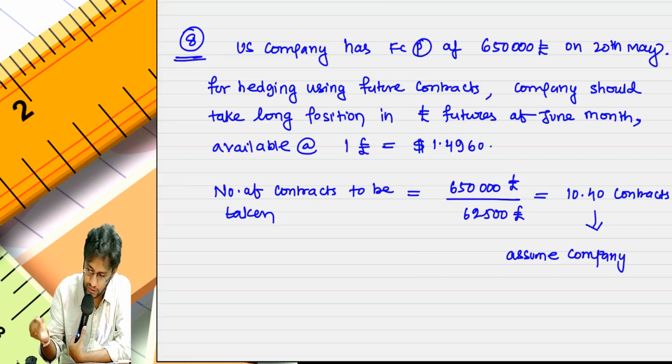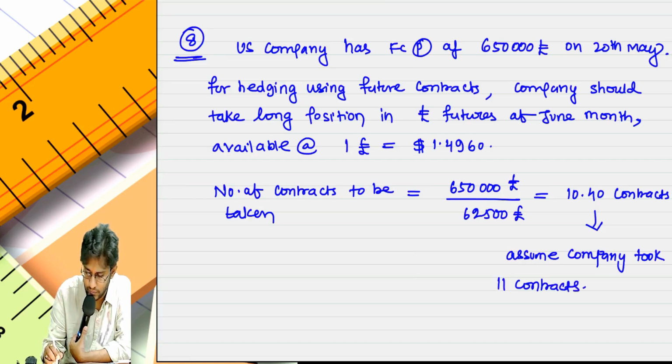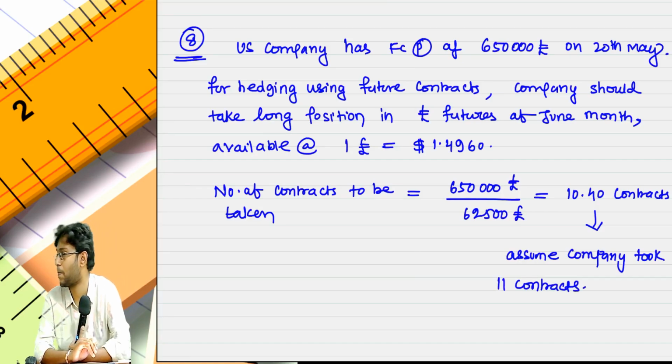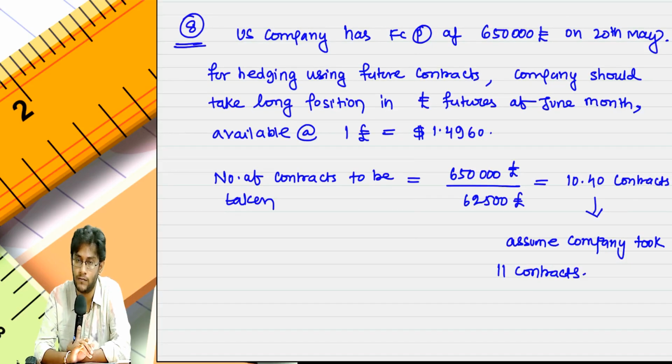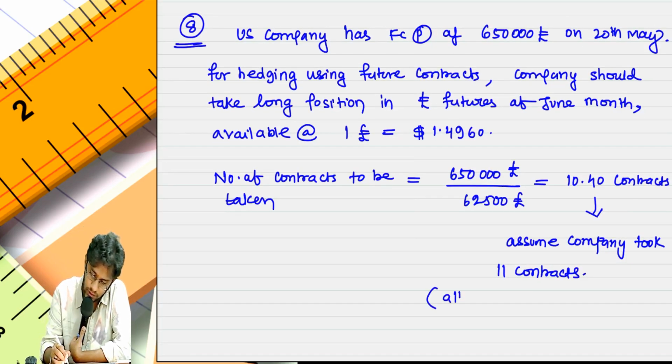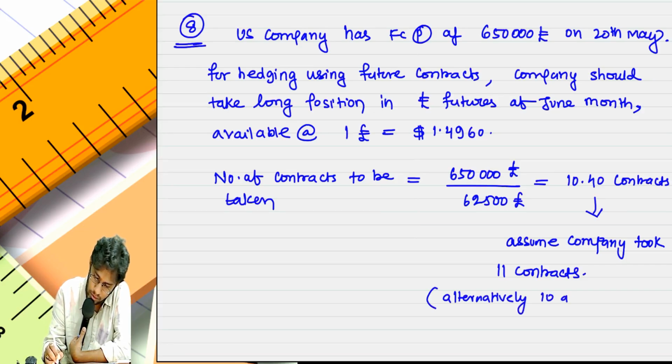The question's given solution is for 10. Assume the company took 11 contracts. In brackets, alternatively, 10 also can be taken.